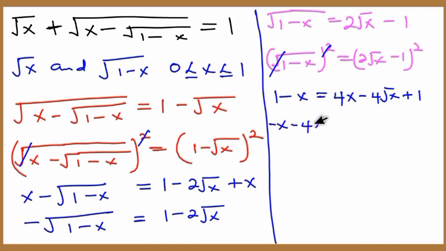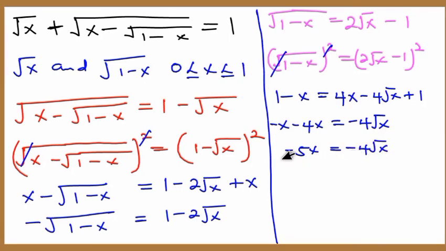Negative 4x equals negative 4 root of x. When this one moves here, it becomes negative, so I'll have 0 here. So at the left hand side, I'll have negative 5x equals negative 4 root of x. My negative cancels this negative, so I'll have 5x equals 4 root of x.